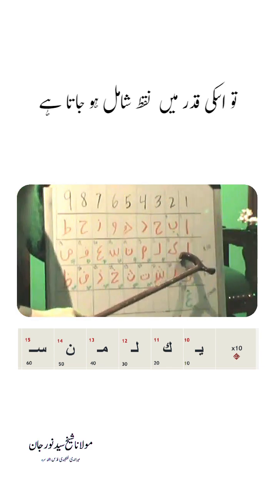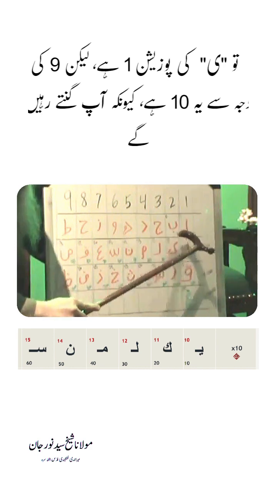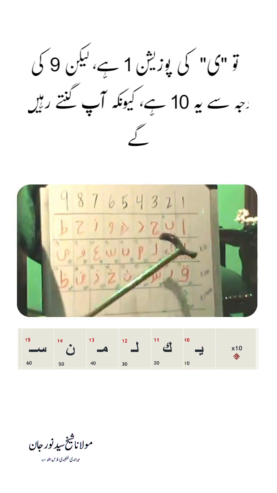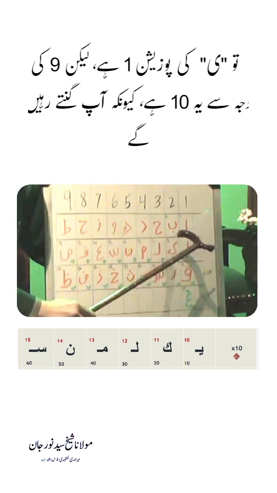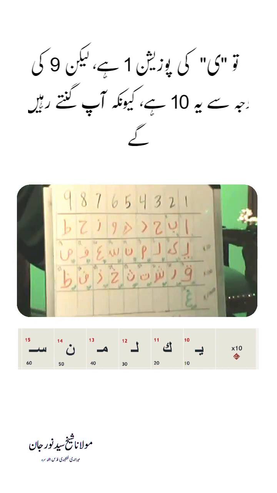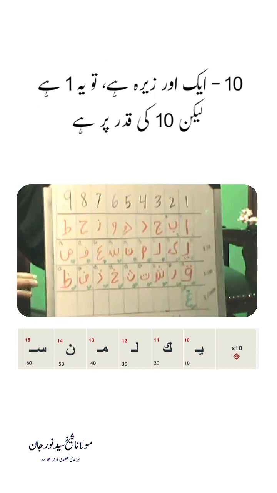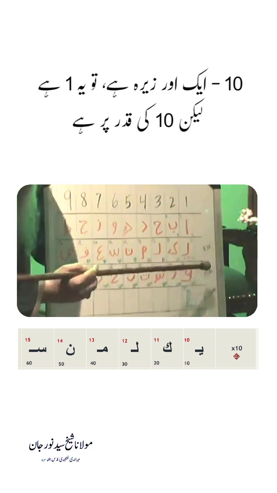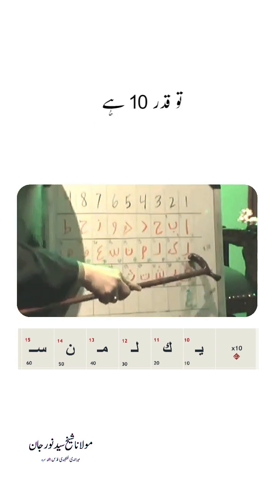So ya is under position 1, but because of the 9, it's 10, because you keep counting. 10 is 1 plus 0. So it's 1, but at the value of 10.